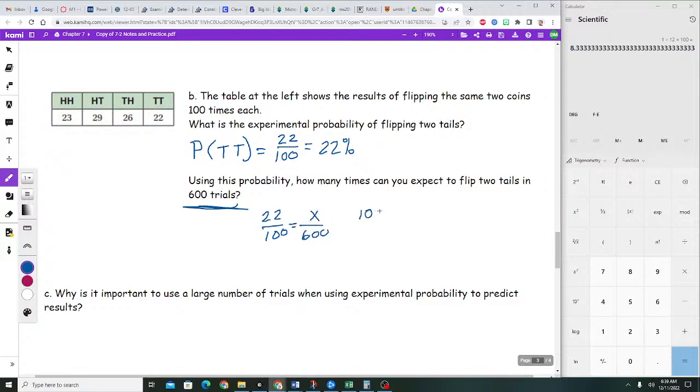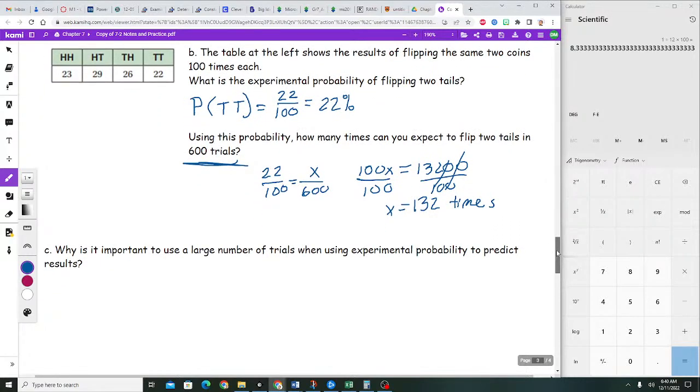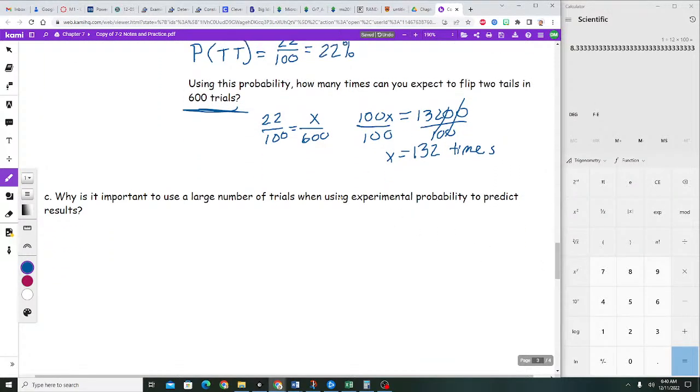So that's 100x equals 13,200. Divide by 100. That gives us 132 times.